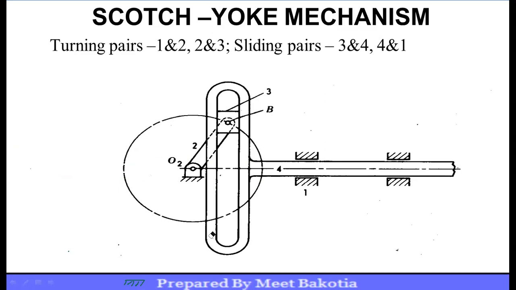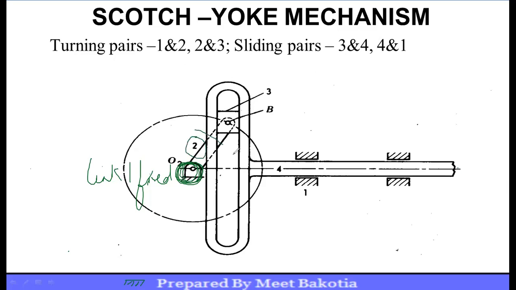So what exactly happens in this mechanism? One of the sliders, the first link, link 1 slider, we have now fixed. One of the sliders is fixed. Hence, this is an inversion of the double slider crank chain mechanism. Let us see how it functions.